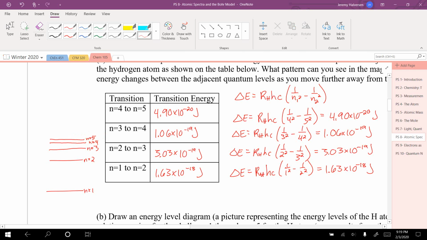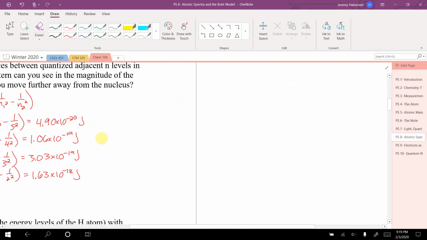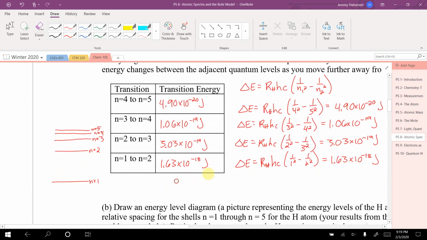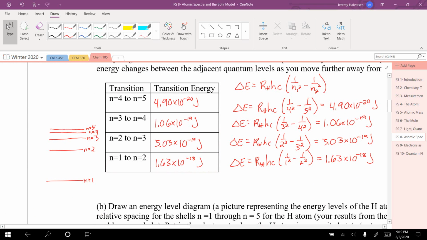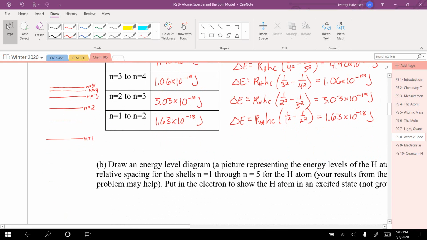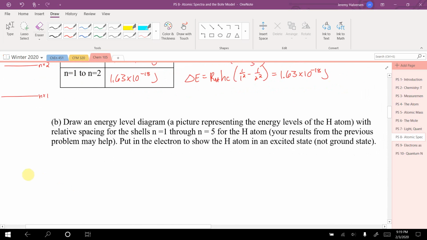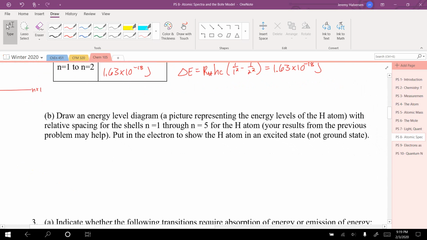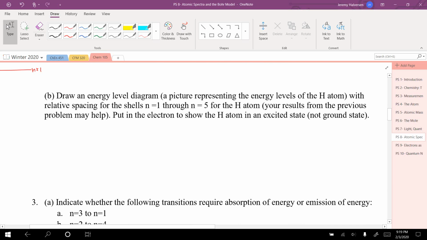So it's an important thing to recognize that in the Bohr model, I didn't draw it well up here, but in reality, the n levels get closer and closer together the further and further you move out. And so B here asks you to draw an energy level diagram, or a picture representing the energy levels of a hydrogen atom with relative spacing from n equals 1 to 5.